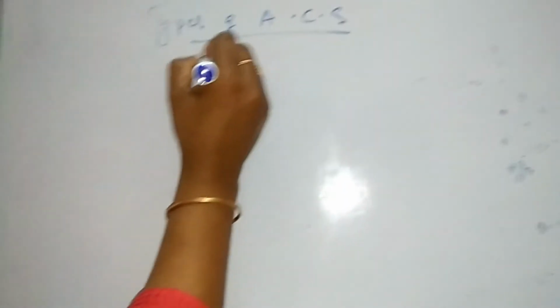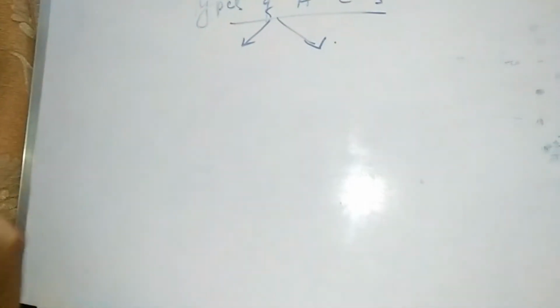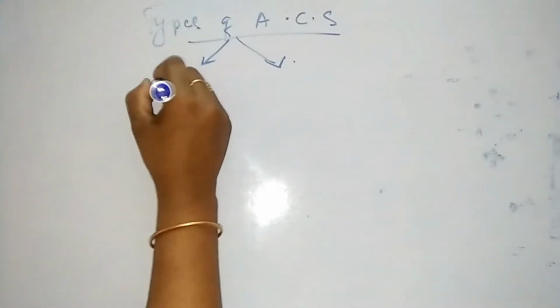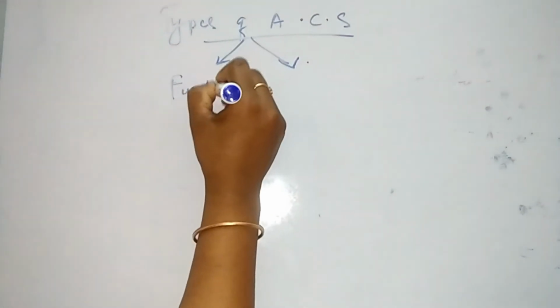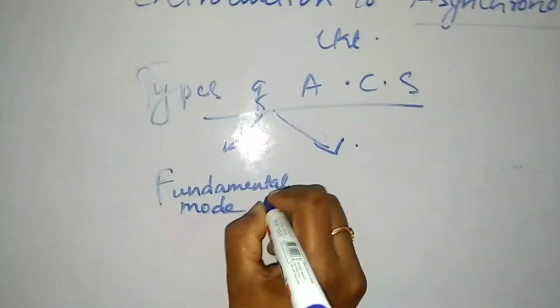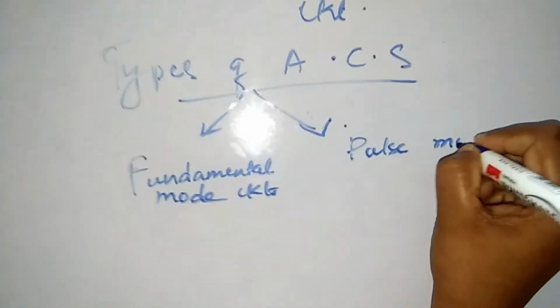There are two types: the fundamental mode circuit, and the next is the pulse mode circuit.